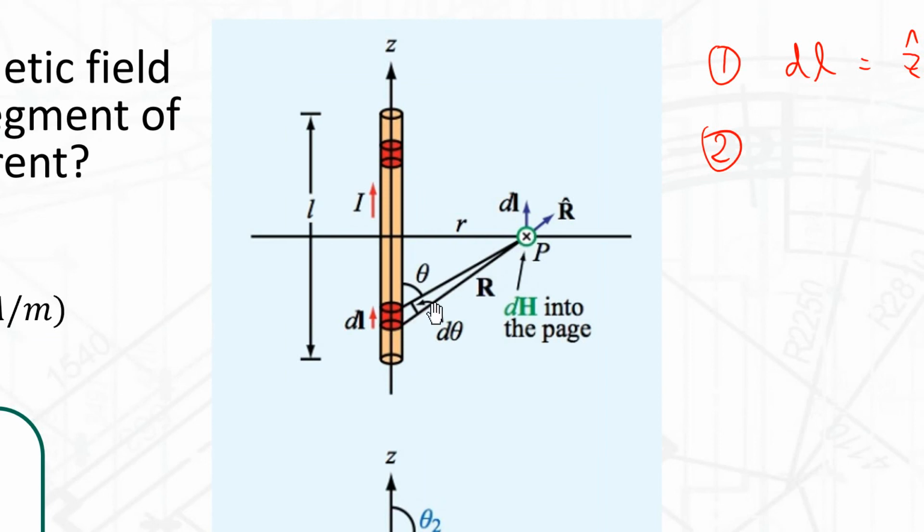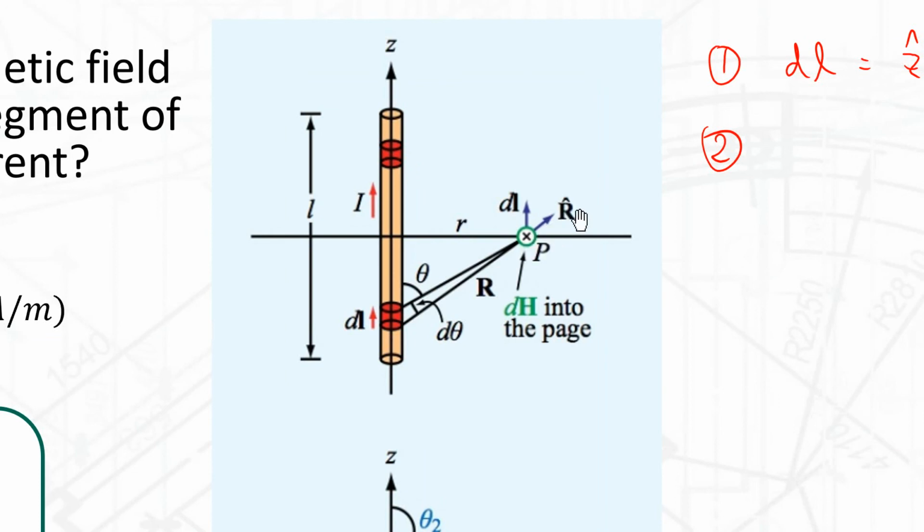The vector r points from here, in this direction, to the observation point. The unit vector r hat just continues on like that. Remember, the unit vector has the same direction, but just a magnitude of 1, and so it's pointing in this direction.